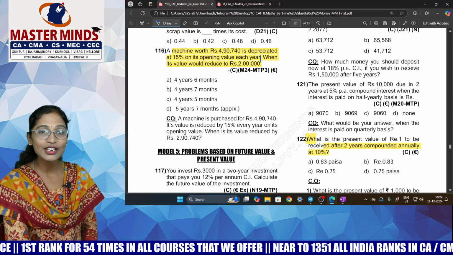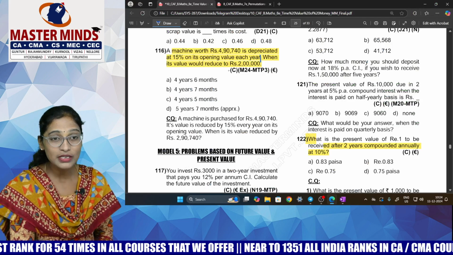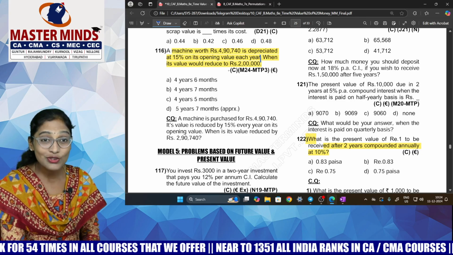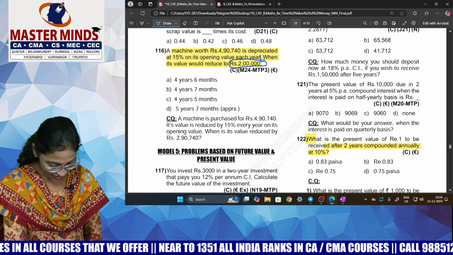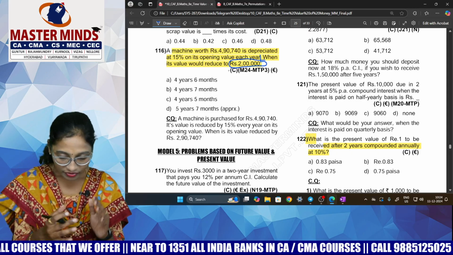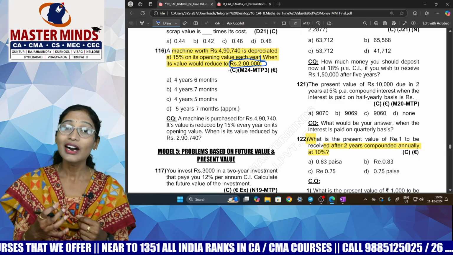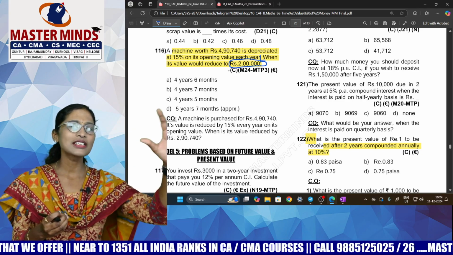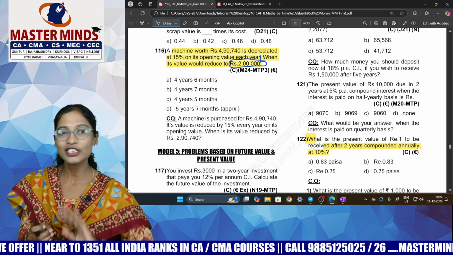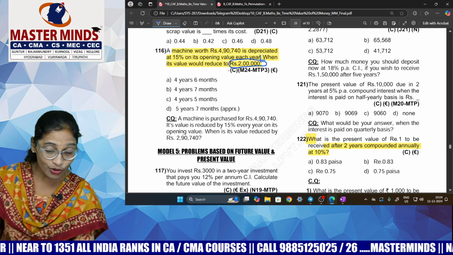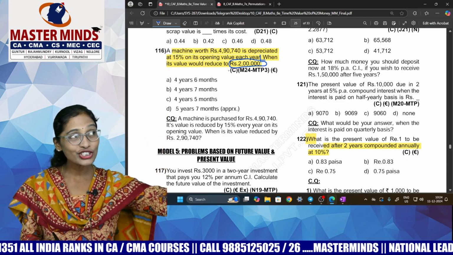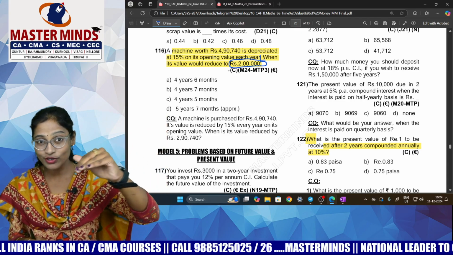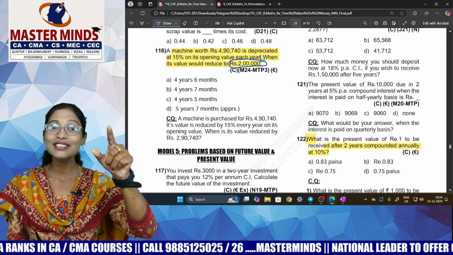As per the question, the machine is depreciated by what percent? 15%. When does its value reduce to 2 lakhs, guys? Reduce to 2 lakhs means its final value is 2 lakhs. Till now we had the principal as the smaller one and the amount as the bigger one, as the value was appreciating, but we are at depreciation, no? It means the initial value keeps on reducing, so the principal is higher and the amount is smaller.